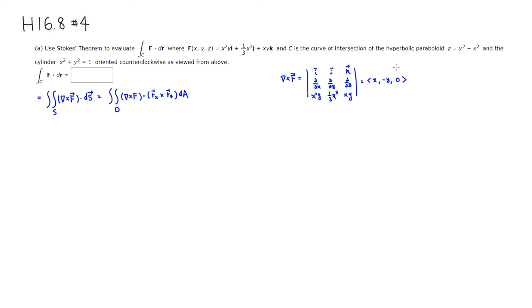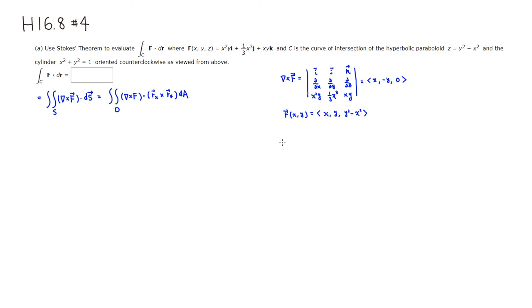Then we have to find the parameterization of the hyperbolic paraboloid. We can let r depend on x and y: r equals x, y, and z is y squared minus x squared.